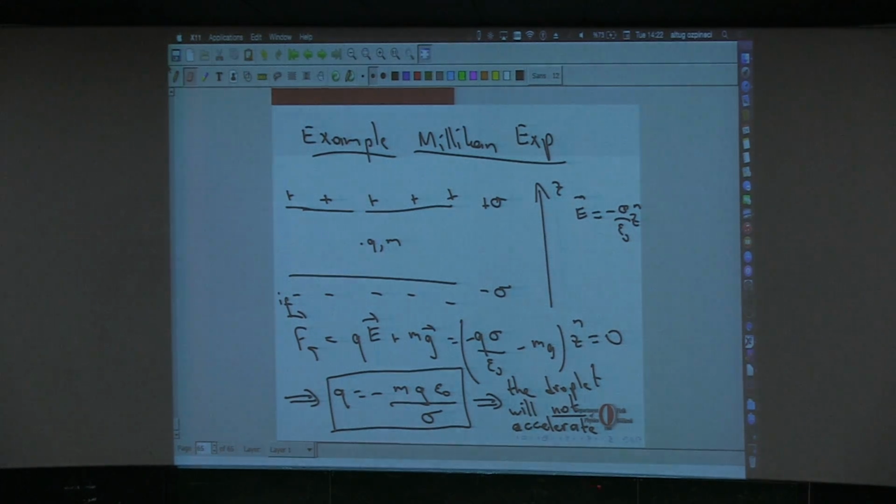The mass he doesn't know, but by looking at the droplets through a microscope, he could measure their size. If you know the size, you know the density, so you know the mass. So he knows the masses of those droplets that were hanging in the air, so he could determine the charges of each one of the droplets. And he saw that they were actually quantized.